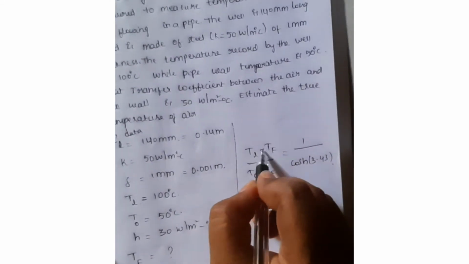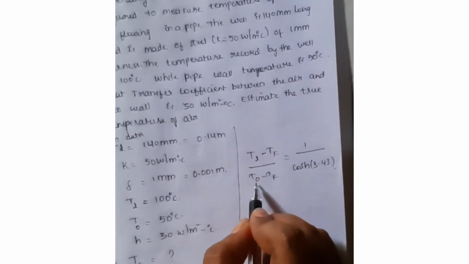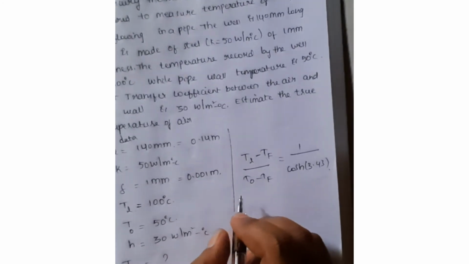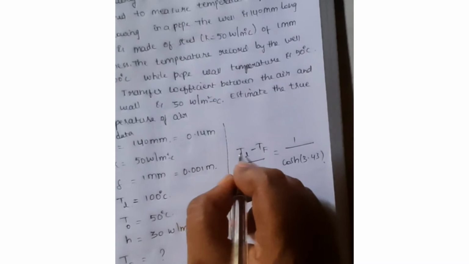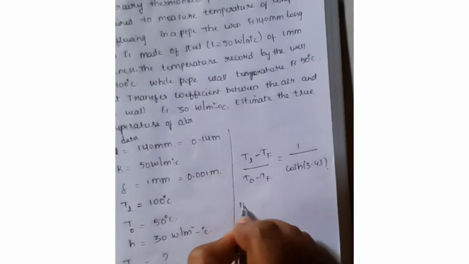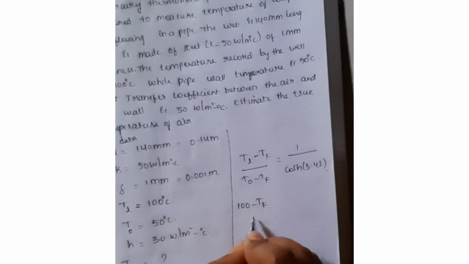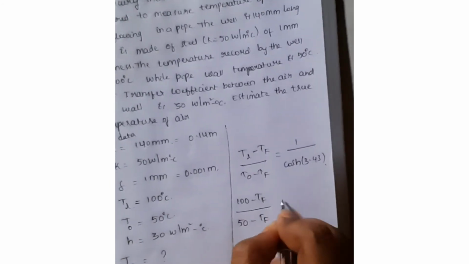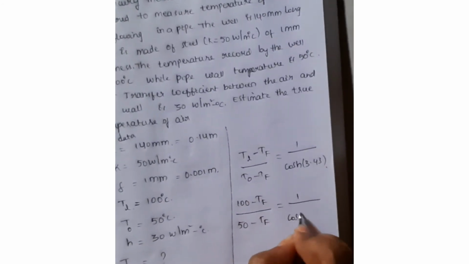We know all the temperatures, where TL equal to 100. We have to find out the fluid temperature. So (100 minus TF) by (50 minus TF) is equal to 1 by cos hyperbolic of 3.43.